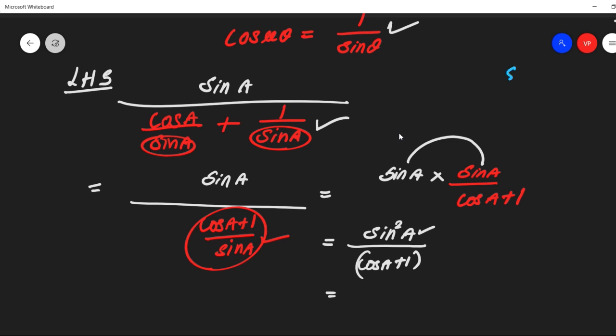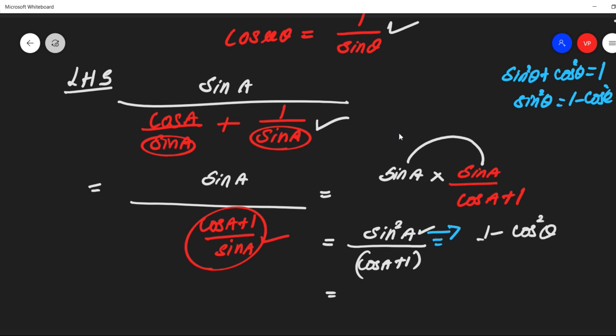Now we use the identity. What is that identity? Sin square theta plus cos square theta equals 1. We need sin square theta, so sin square theta we can write as 1 minus cos square theta. So we have 1 minus cos square A divided by cos A minus 1.